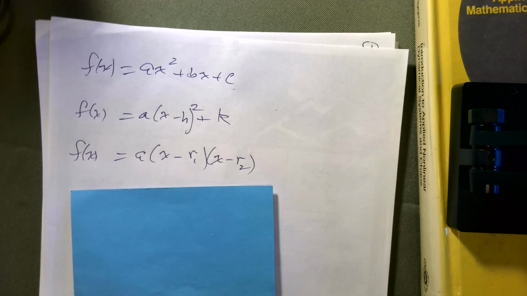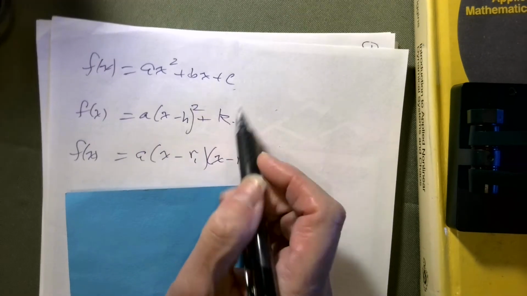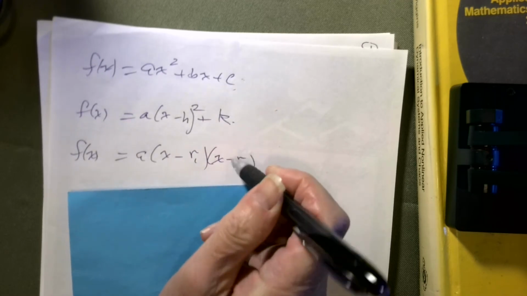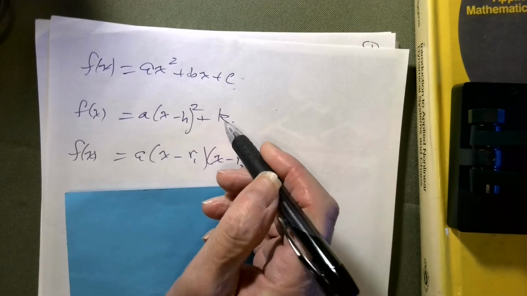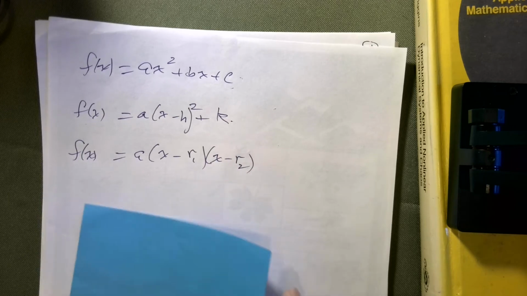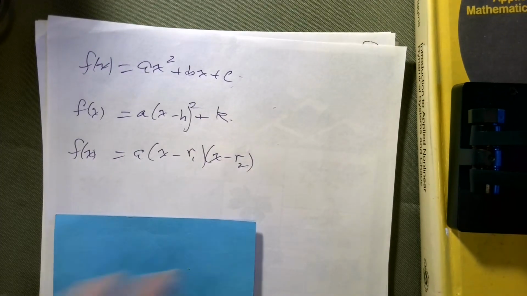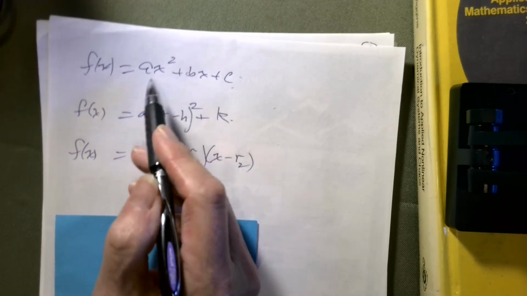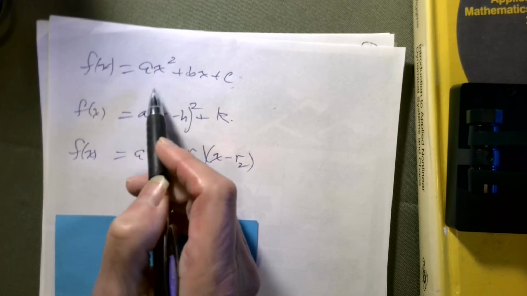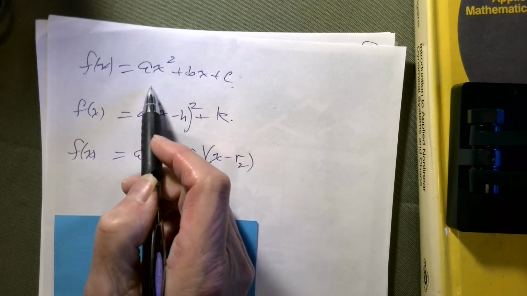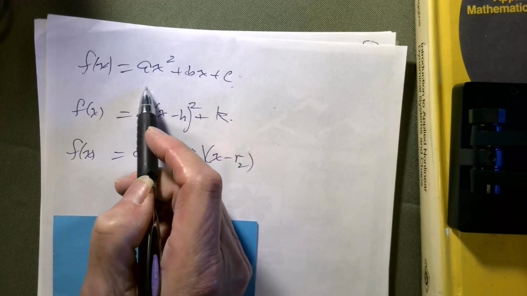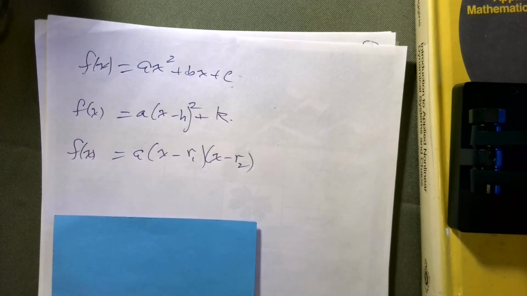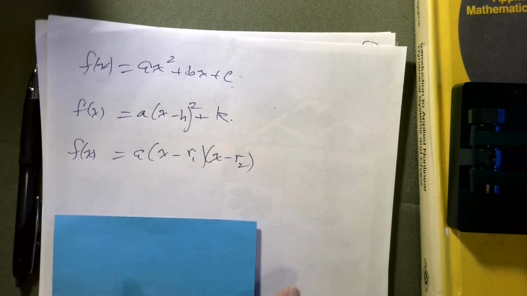So depending upon the question that you're going to be asking, this might be more preferable over this one, or this one might be more preferable over this one. And in fact, those of you that are going to go on to graduate school, and if you take something called numerical analysis, you'll find out that when you go to actually evaluate a quadratic, cubic, etc., the way in which you evaluate that polynomial actually can change the accuracy of your result.